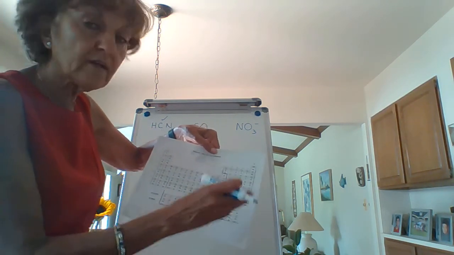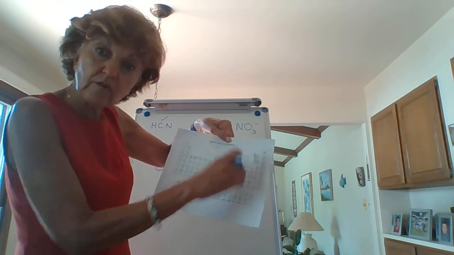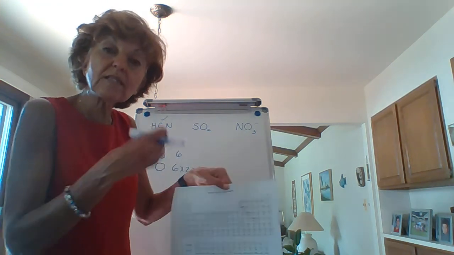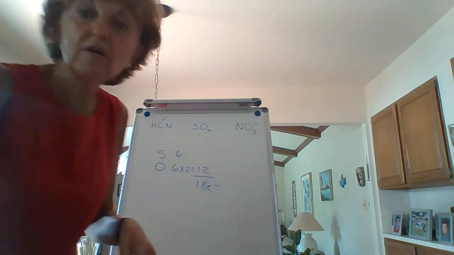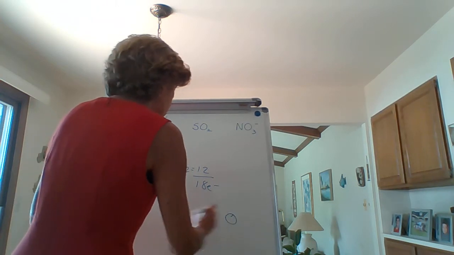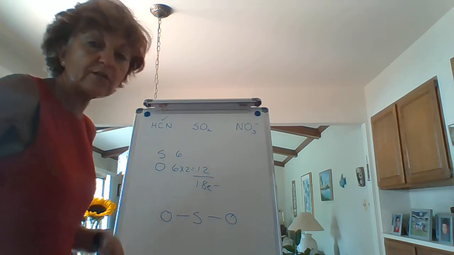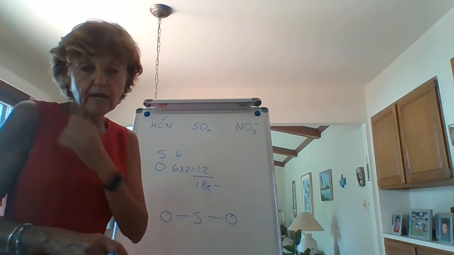So the rule is if they're in the same group, put the one that is heavier, the one that's lower in the group, the one that is less electronegative in the middle. So we're going to put the sulfur in the middle, and an oxygen on one side and an oxygen on the other, and we're going to draw lines between the central atom and the two peripheral atoms.